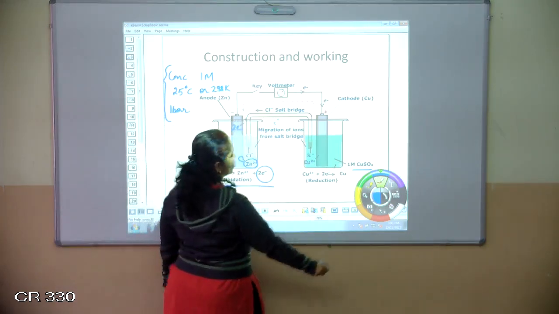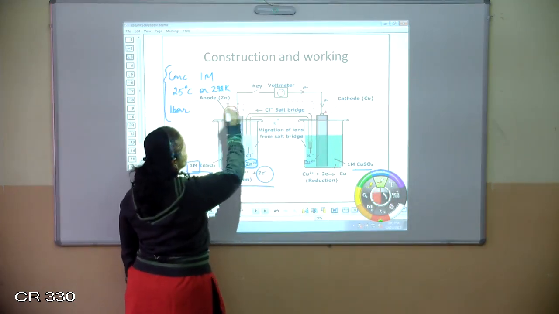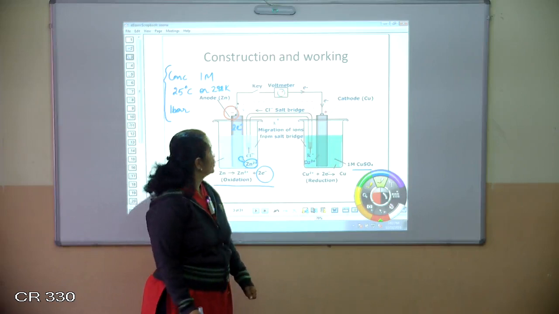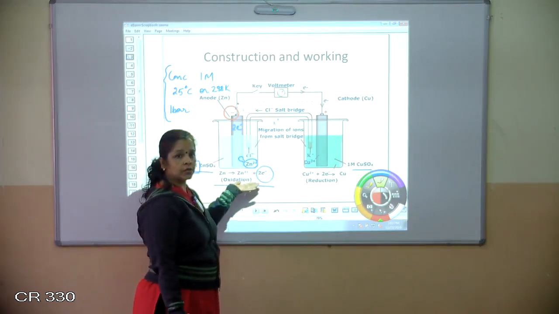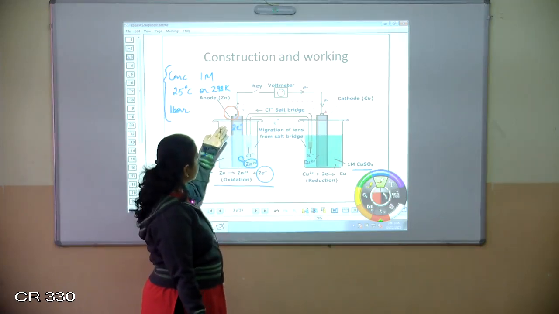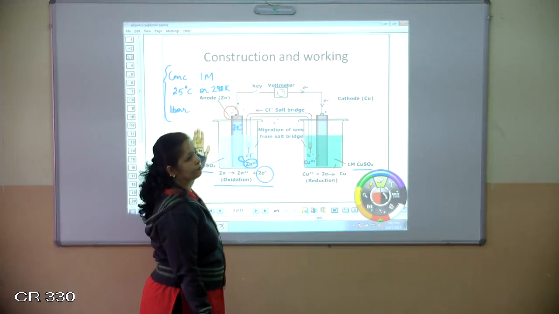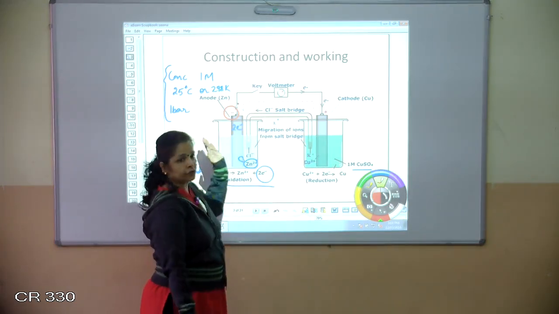It is because of these 2 electrons that this particular electrode is a negative terminal. Wherever oxidation is happening, there is loss of electrons, and this loss of electrons makes the electrode negatively charged. Hence, the left hand side of my cell, the anodic side, is the negative terminal.